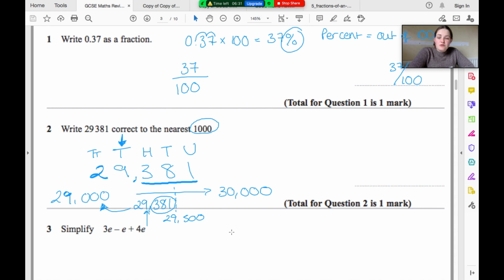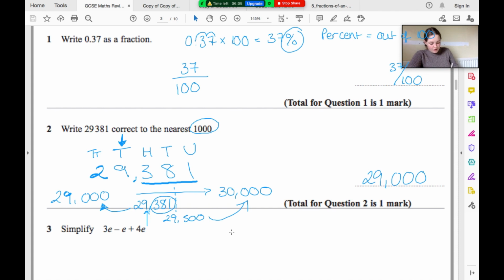So if it was 29,500 or above, it would be closer to 30,000, but if it's 29,499 or below, it's closer to 29,000. Again, if you're struggling with those and rounding to the nearest 10, 100 and 1,000, there is a separate video on that too. So 29,000 is your final answer.